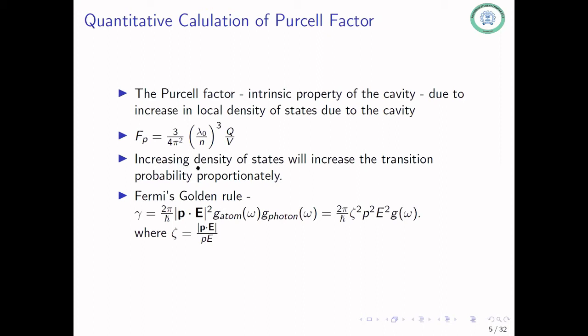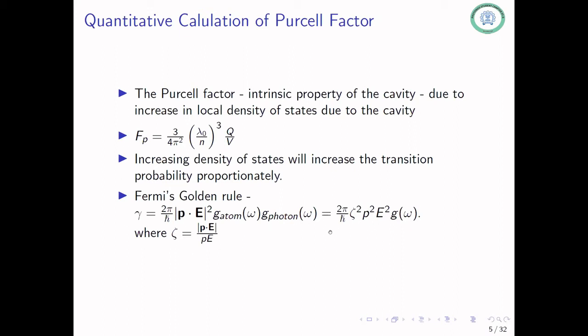Another way to understand the Purcell effect is that when you increase the density of states into which you can emit a photon, then your transition probability or emission probability will actually increase proportionately. Intuitively, if you look at solid state physics, this is Fermi's golden rule, which basically says the same thing.